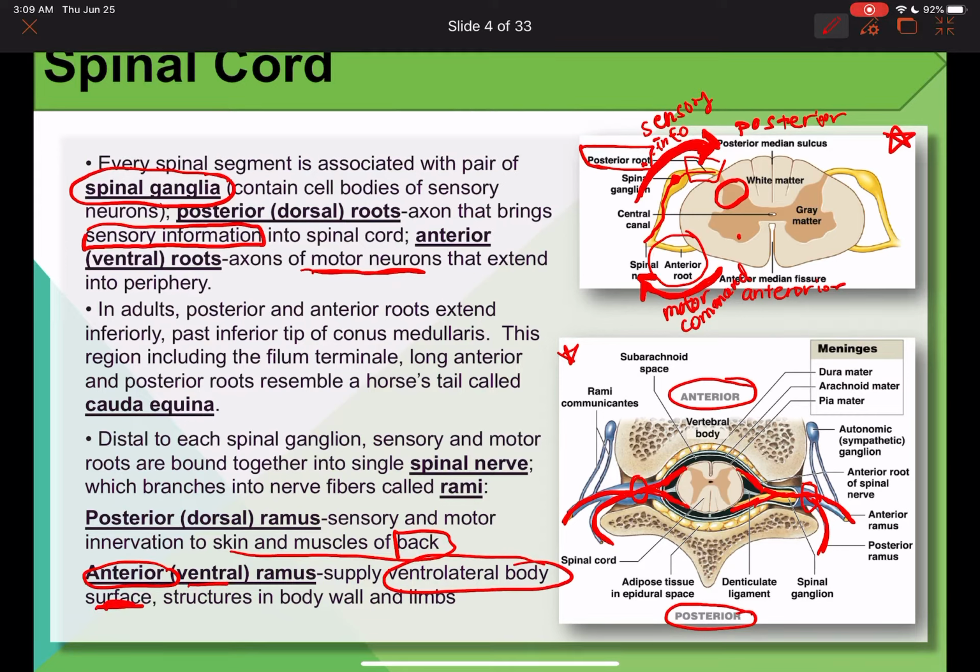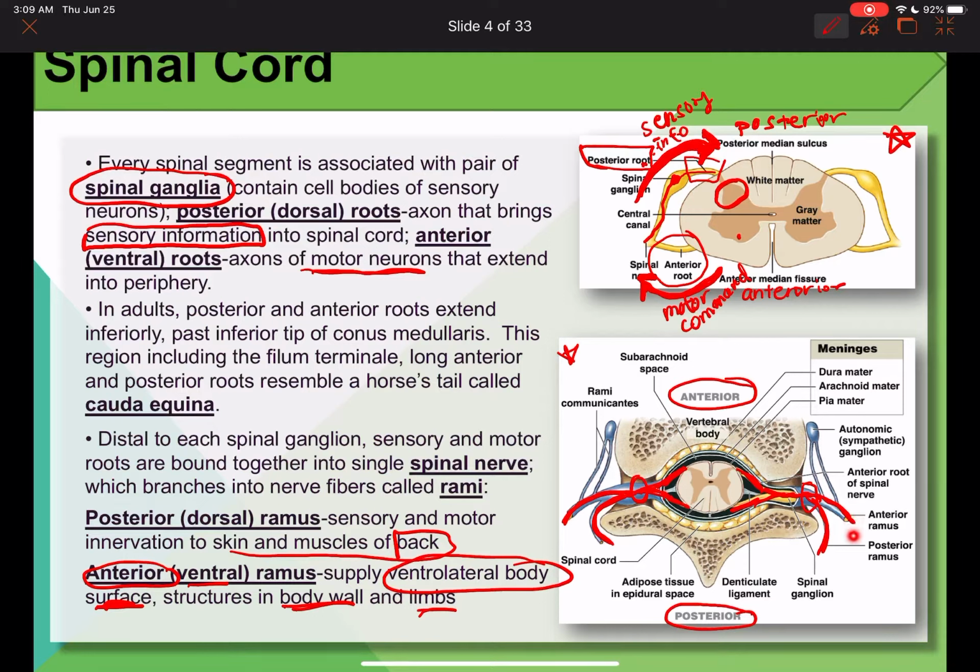Think about your tummy, your abdominal chest area, okay? Abdominal area, and those including your body wall and also your upper limbs and lower limbs. For example, if you are touching something with your fingers, that sensory information is going to travel via your anterior ramus.